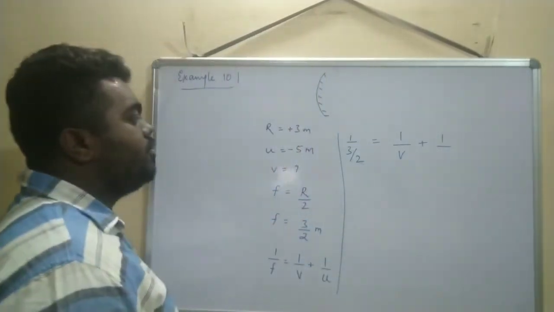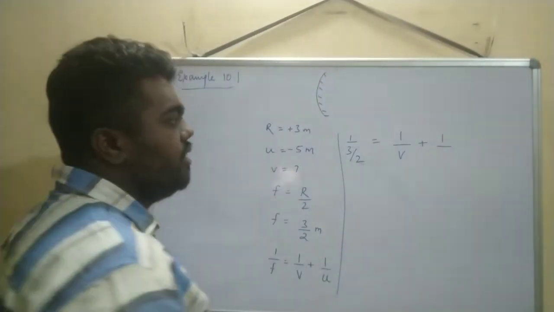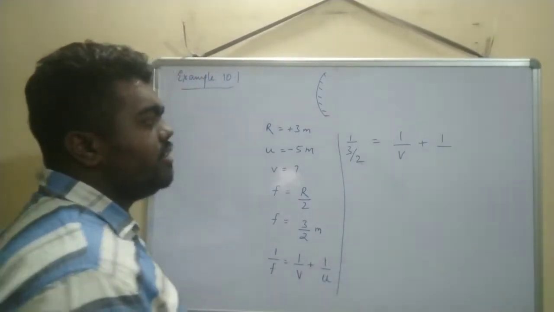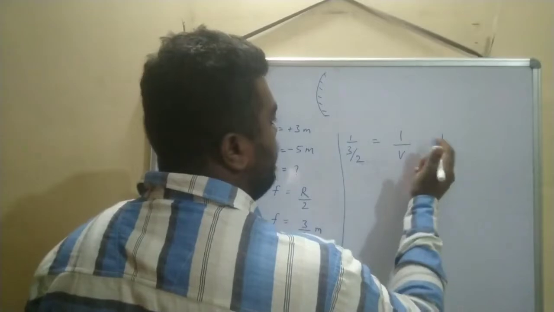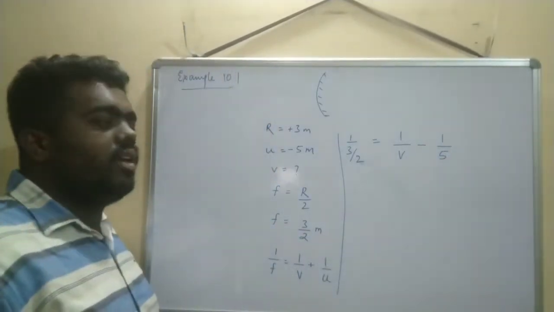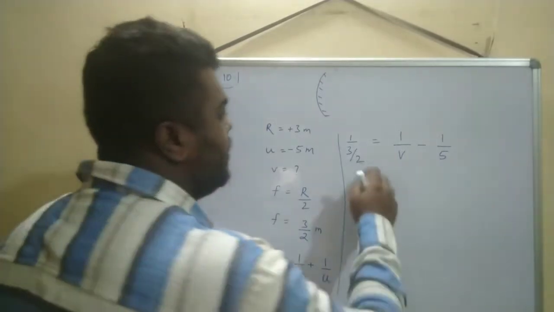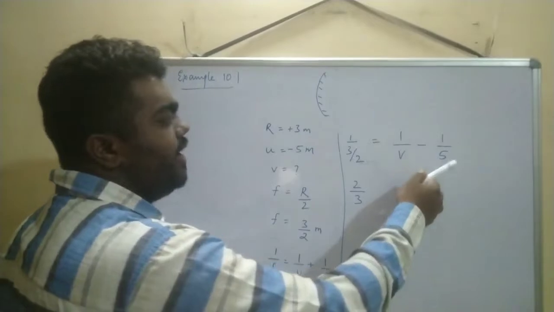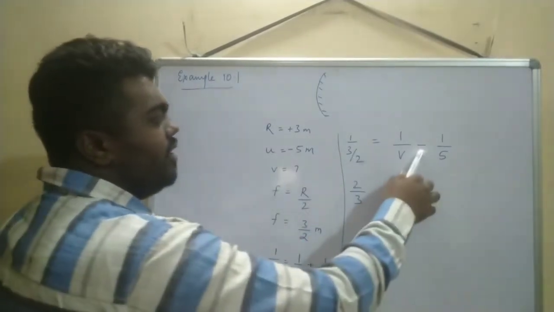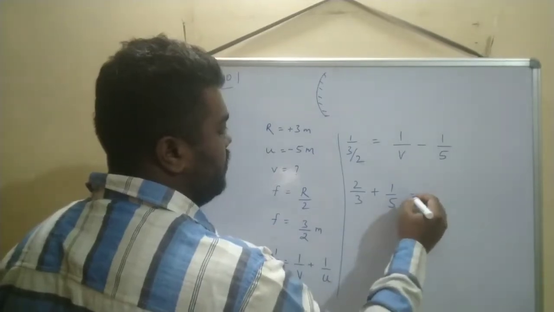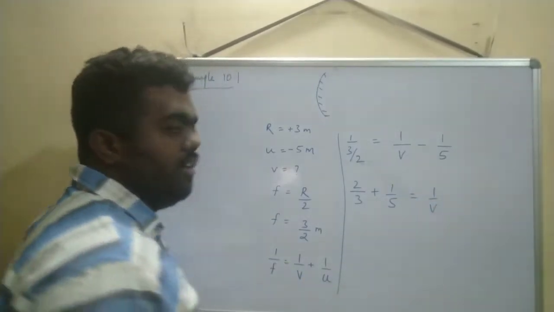Now u is minus 5. Plus minus becomes minus. Now taking this 2 to the numerator, it becomes 2 by 3, and taking this 5 to left side, minus 1 by 5 becomes plus 1 by 5 is equals to 1 by v.